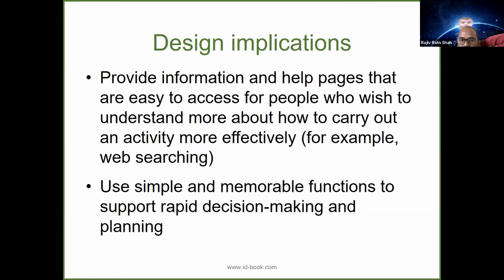So the idea is to use simple and memorable functions to support rapid decision and planning. And how can you do so? By promoting recognition, reducing recall, and providing options to the user whenever possible so that they can just select the thing, that is, do some recognition rather than recalling the things.